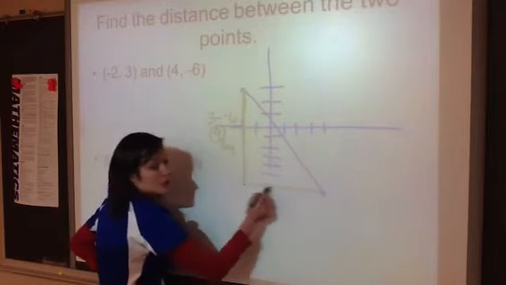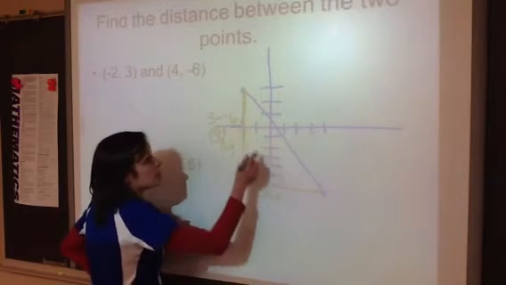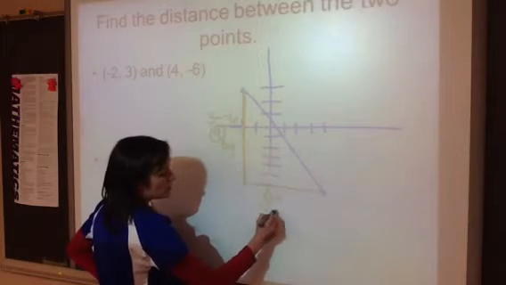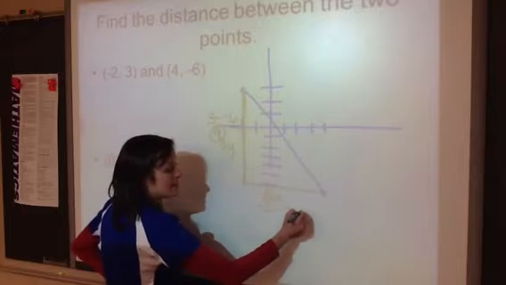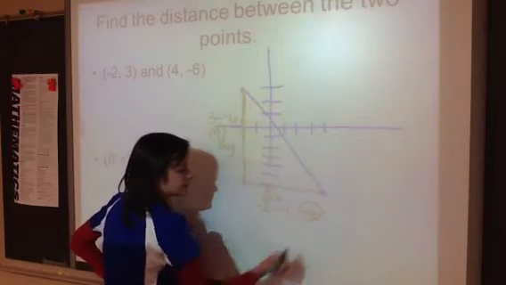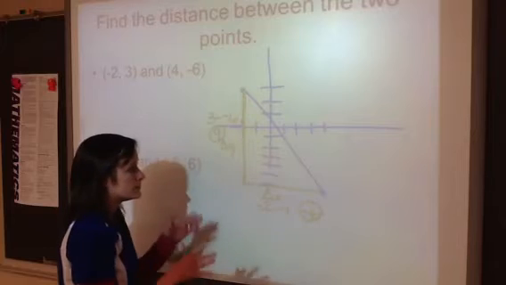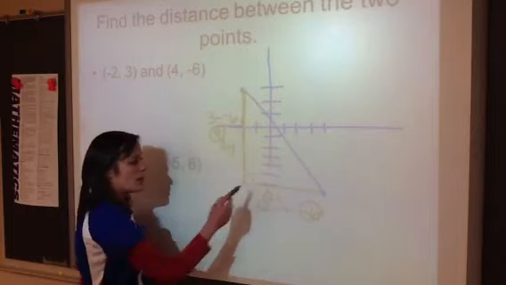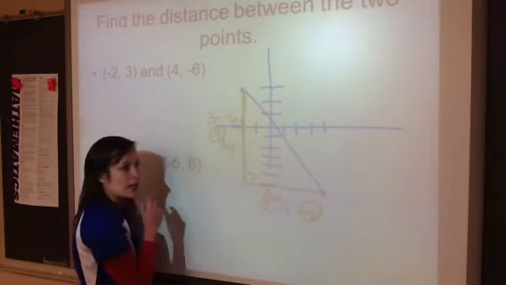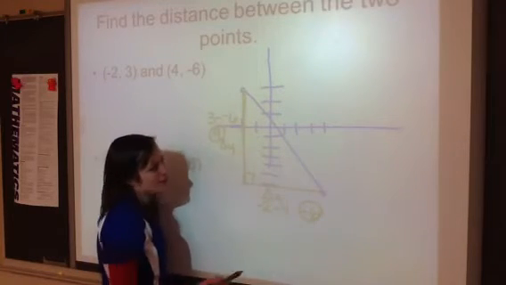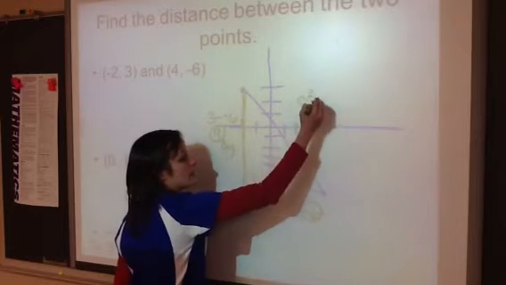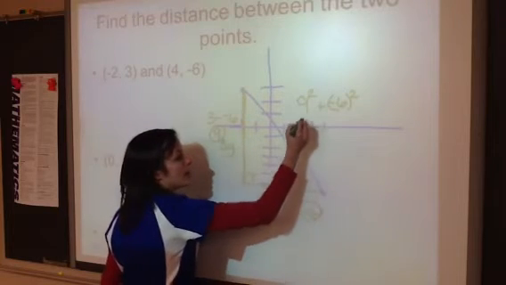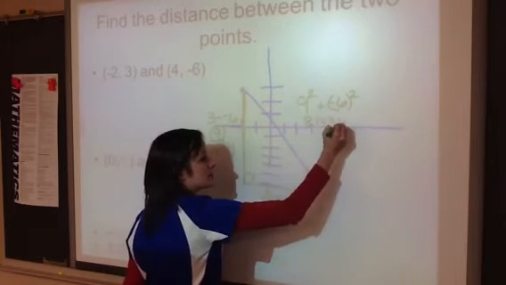Then you found this distance on this part of the triangle by the change in x. So we were at -2, and we went to 4. So that is -6, or 6. Okay? So what you did was you squared those numbers. Why would I want to square those numbers, you might say? It's a right triangle, Pythagorean theorem. So we're going to square the 9 and square the 6, and you get 81 plus 36.